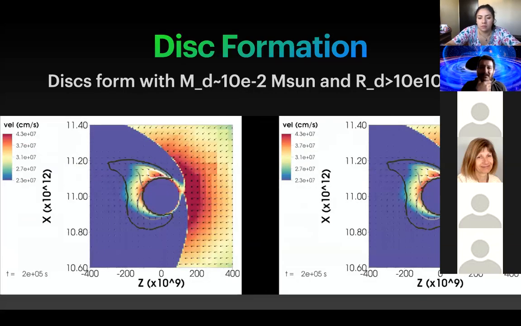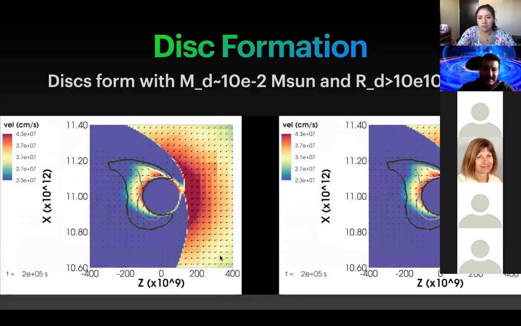And the other thing which we were worried about, as I mentioned, was whether disks were being formed. So this is a close-up of the central region. The purple circle you see at the center is the region where our domain ends, which is about 1 solar radius, around 10^11 centimeters.